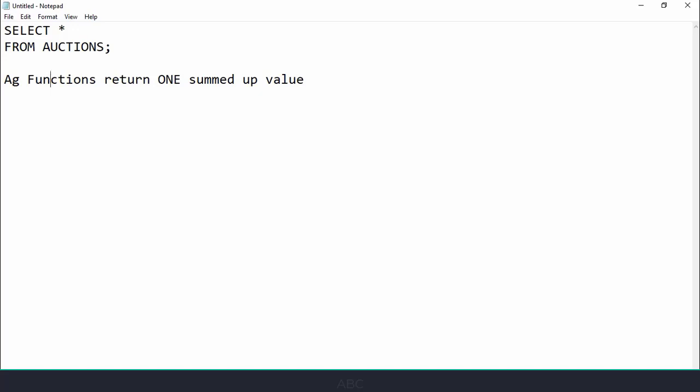Now, what does that mean in English? For example, let's go over a couple of them. Let's go over count. What count does is it'll return to us the number of rows returned.